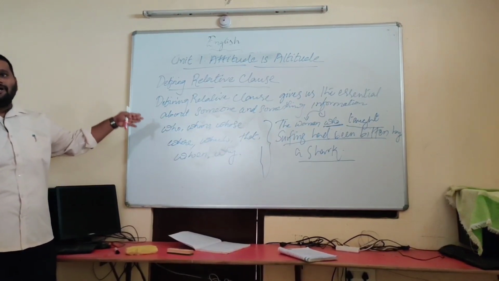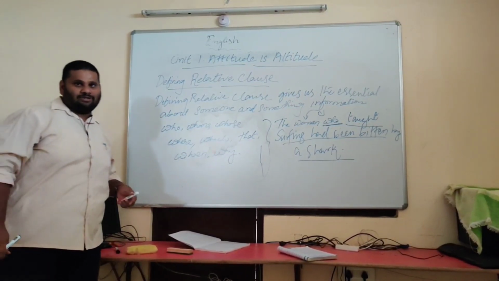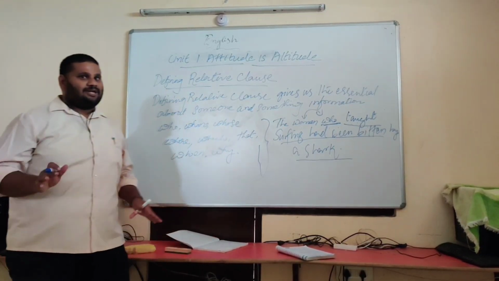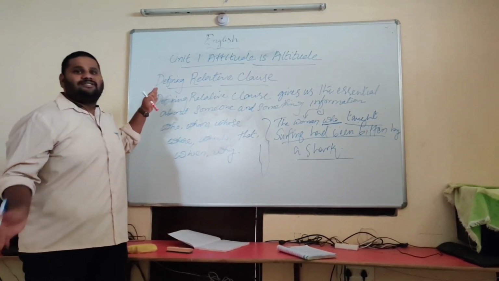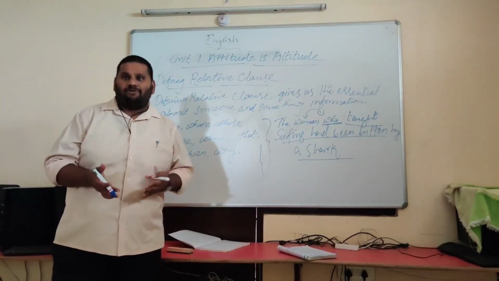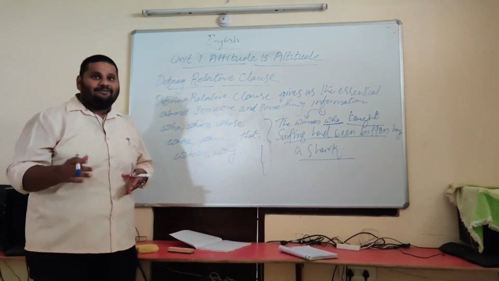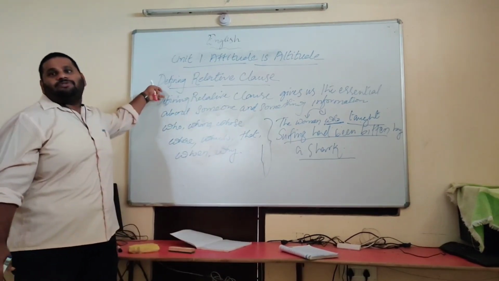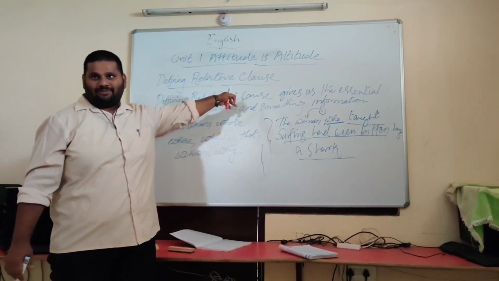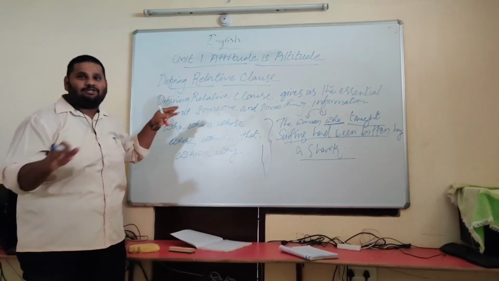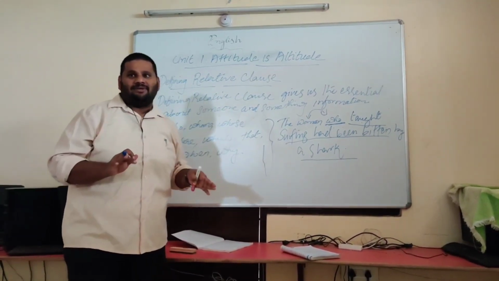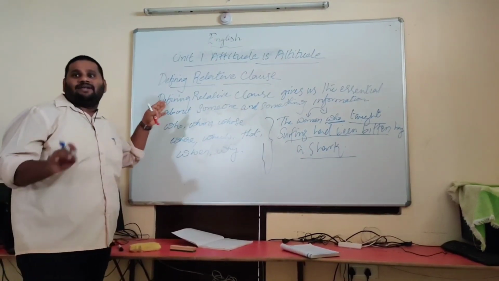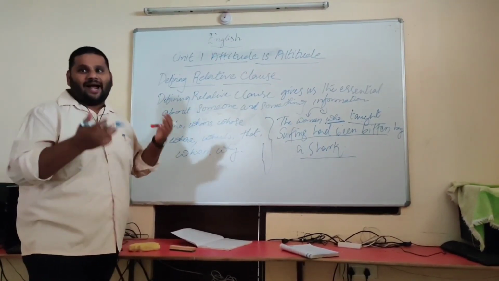Let us go to the non-defining relative clause. What is a non-defining relative clause? A non-defining relative clause is nothing else but just adding additional information. We add additional information related to the defining relative clause. In the defining relative clause, there are no restricted parts, but in the non-defining relative clause additional information can be added.